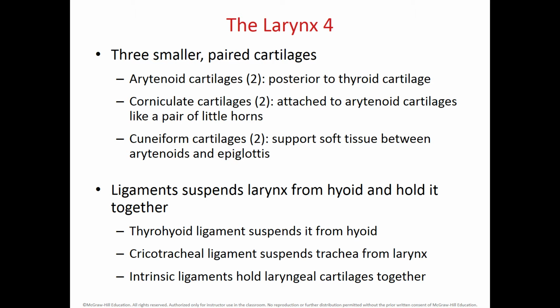Now the larynx is suspended from the hyoid bone by the thyrohyoid ligament, and the cricotracheal ligament suspends the larynx into the trachea, and then the intrinsic ligaments will hold these laryngeal cartilages together.